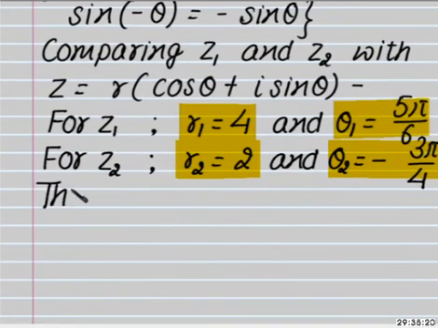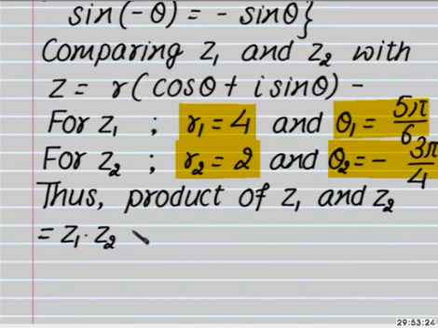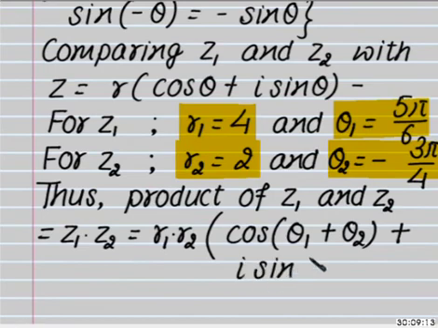Thus, the product of complex numbers Z1 and Z2, that is Z1 into Z2, is equal to R1 into R2 into cos of theta 1 plus theta 2 plus iota into sin of theta 1 plus theta 2.